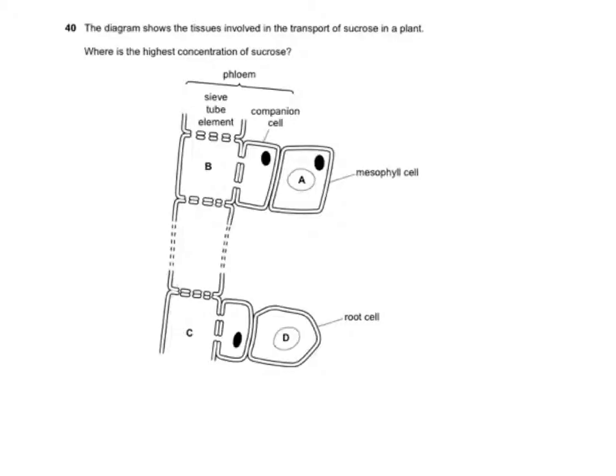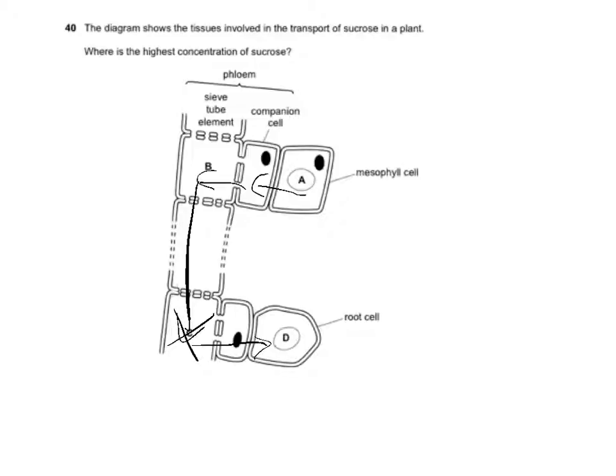In this question, it's simply asking you where is the highest concentration of sucrose, A, B, C or D. Well, it's fairly straightforward logic. Sucrose has to move from here to here and then down to here and then into there. Okay, this movement from B to C wouldn't happen if the concentration of C was higher than the concentration of B, so we can cross that off.